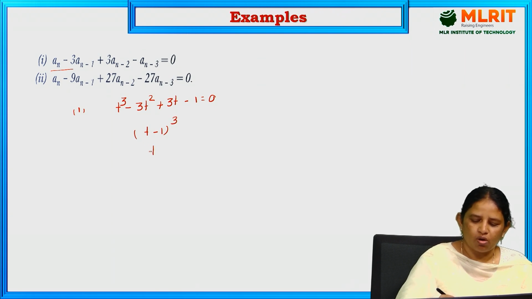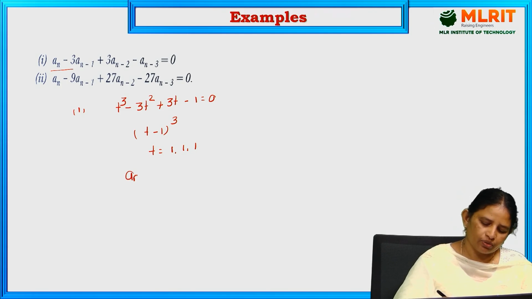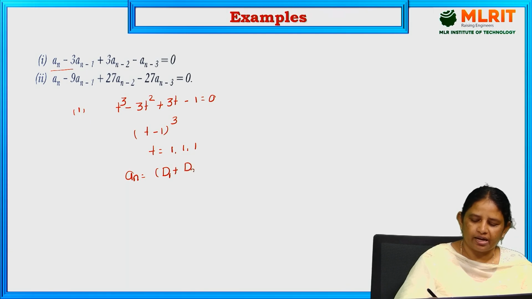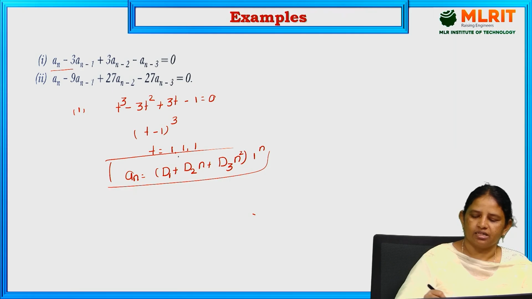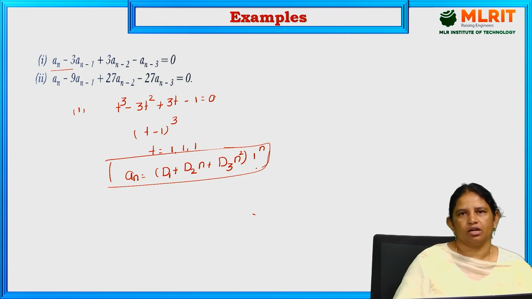That means all 3 roots are the same. What is the formula? An equal to d1 plus d2n plus d3n square, times x to the power of n, which means 1 to the power of n, is the solution for the recurrence relation.